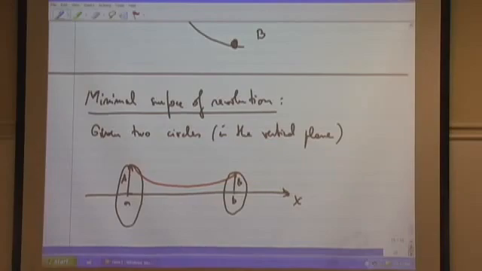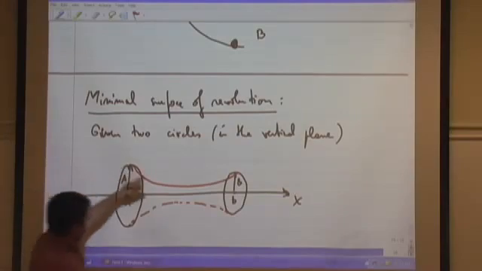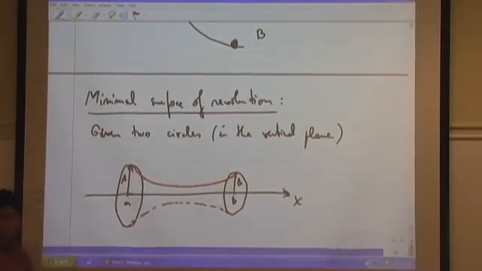Of course, this would be symmetric, so hopefully I can draw it symmetric. Okay. So a path like the full red path here would determine the surface of revolution by rotation about the x-axis.